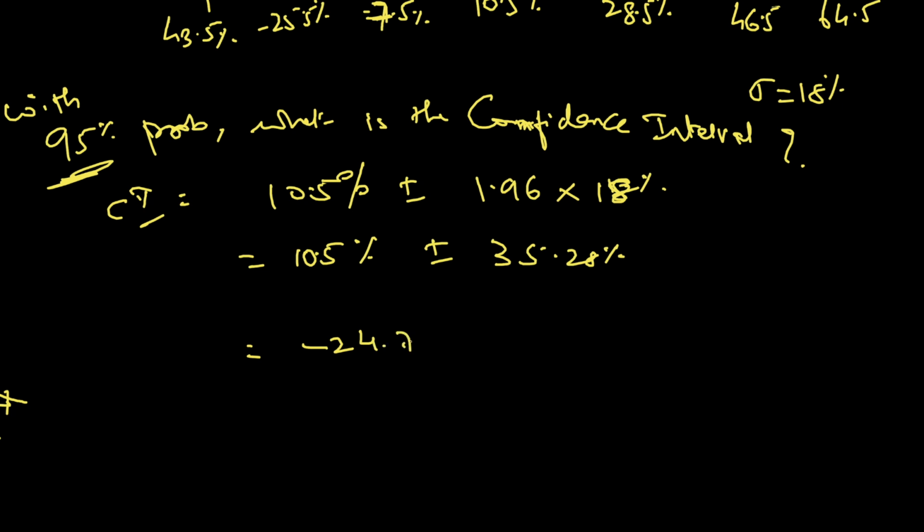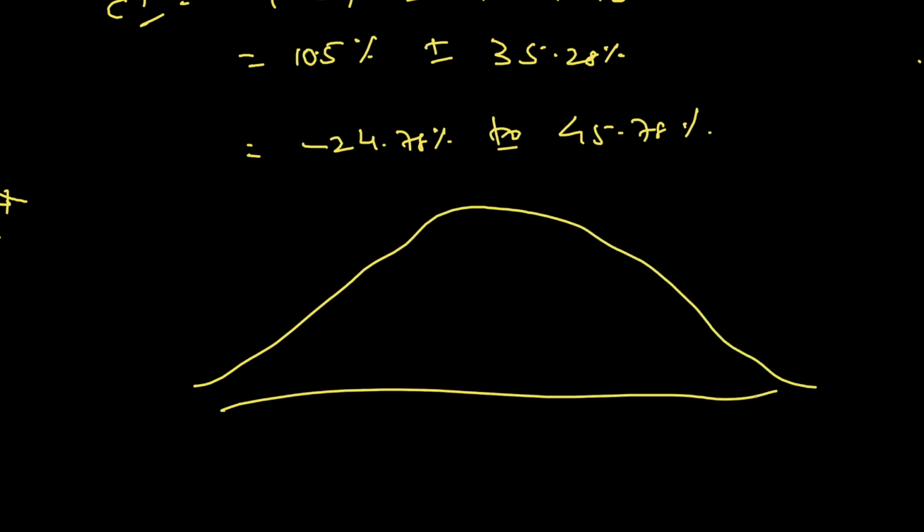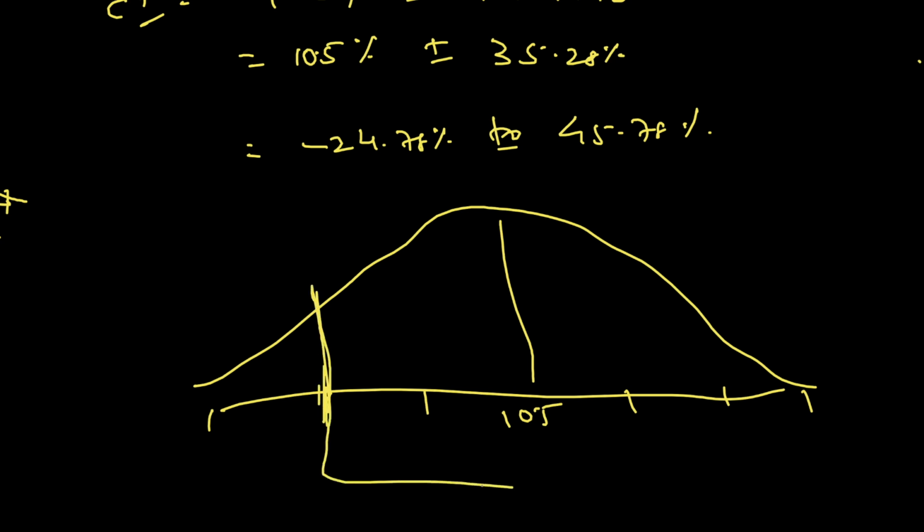When I calculate this, I get minus 24.78 percentage to 45.78 percentage. If I show this in the graph again, here it was 10.5, and 1.96 will come somewhere here, 95 percentage.